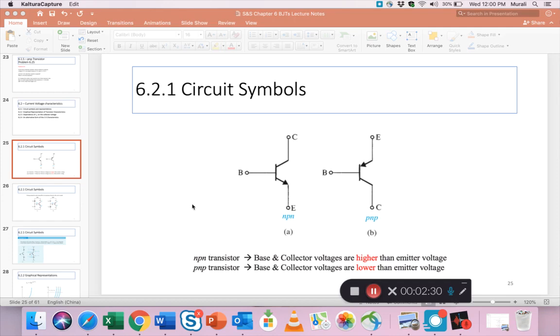So that's why the higher voltages are on top of the drawing, while the lower voltages are below, right? Similarly, for the PNP transistor, the base and collector voltages are lower and the emitter voltage is higher. Here the emitter is lower, here the emitter is higher in voltage, and that's why we use this convention.